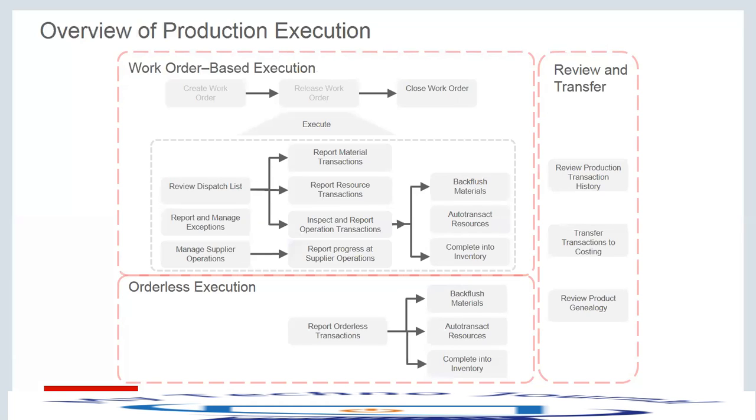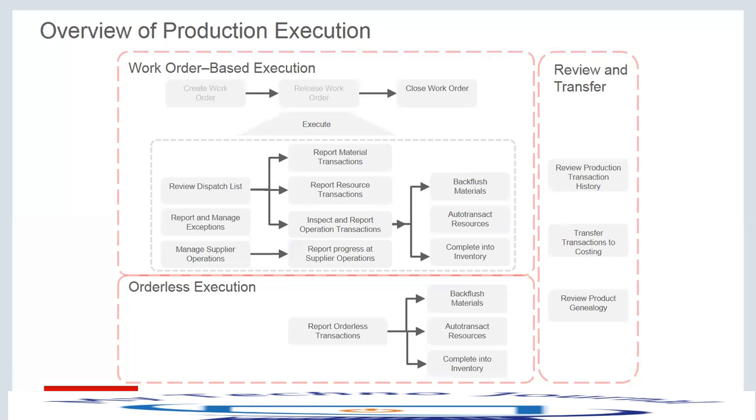If the resources are not auto charged and are manual, then you have to charge the resources against that particular work order using this particular task, report resource transactions, either material or resource. If these are manually transacted, you can use this task to charge or issue against that particular work order or even reverse them using this particular task.